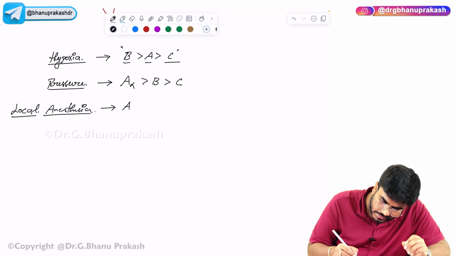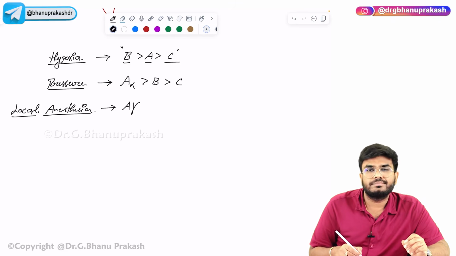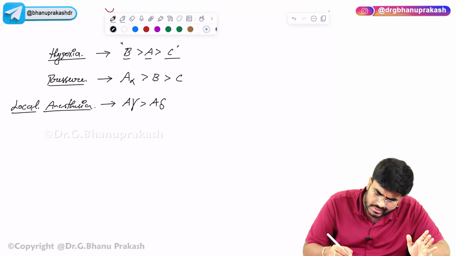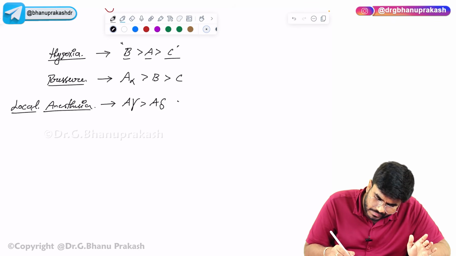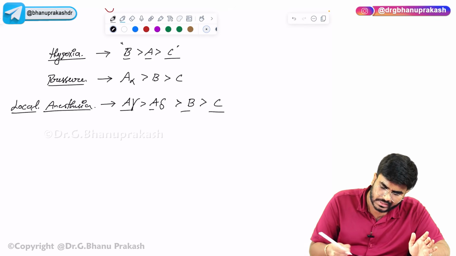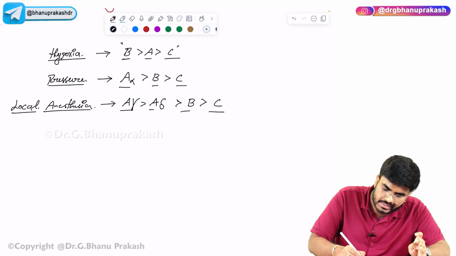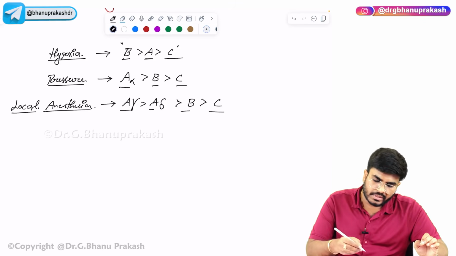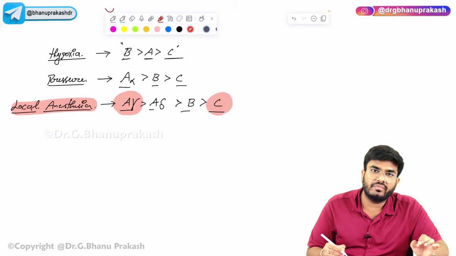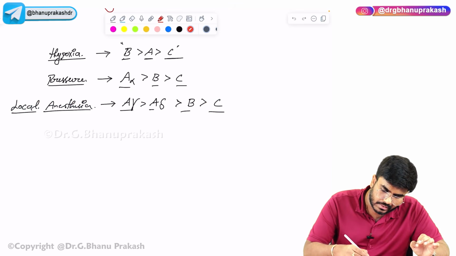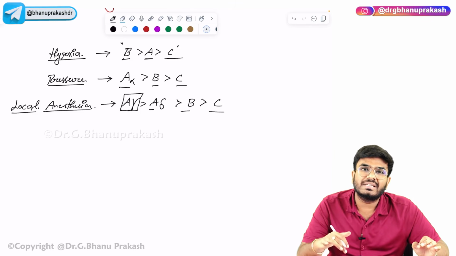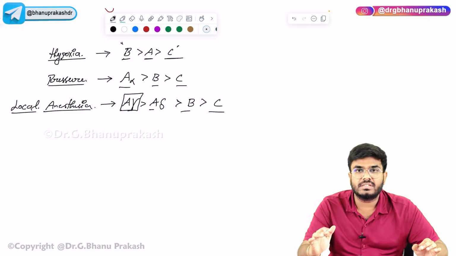It is A gamma, followed by A delta, followed by the other A fibers, A beta, A alpha, followed by B, followed by C. So simply A, B, C, but hypoxia is B, A, C. There is a controversy in this area. Some books mention C fibers are inhibited first, but the better option is always A gamma. A gamma fibers are first inhibited by local anesthesia.